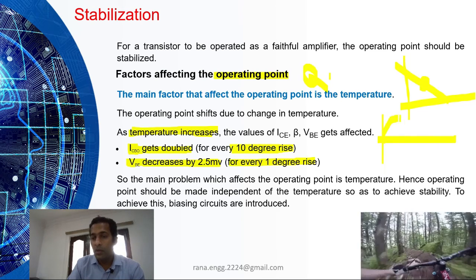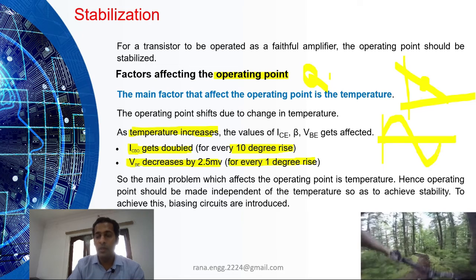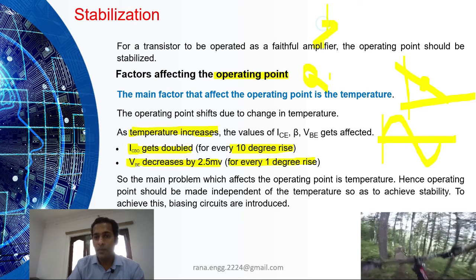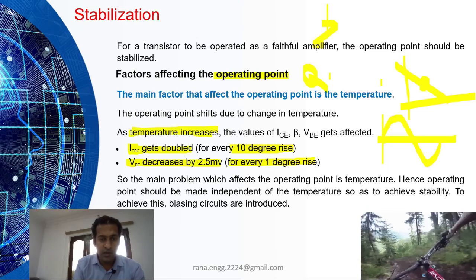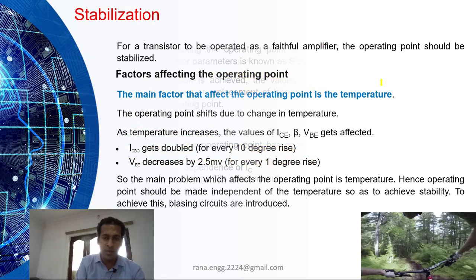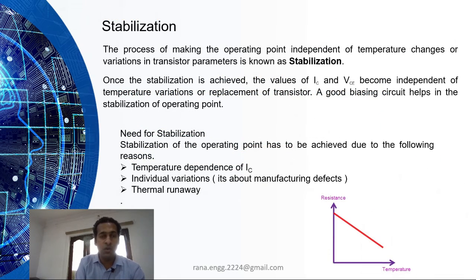We want a bigger signal at the output. If the input signal is smaller, we need the output signal to be a large value, but we have to stabilize it due to various effects of leakage current. So in stabilization, what we have to remember is that it is the process of making the operating point independent of temperature.